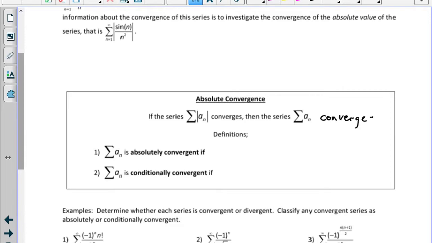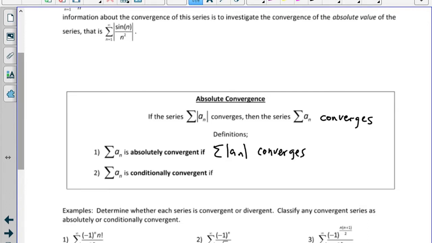That is a true statement. So this series, the sum of a sub n, is absolutely convergent if the sum of the absolute value of the terms converges.